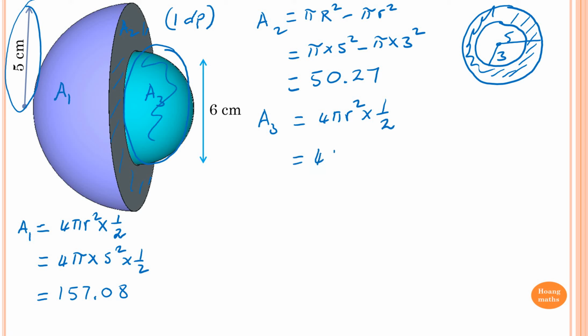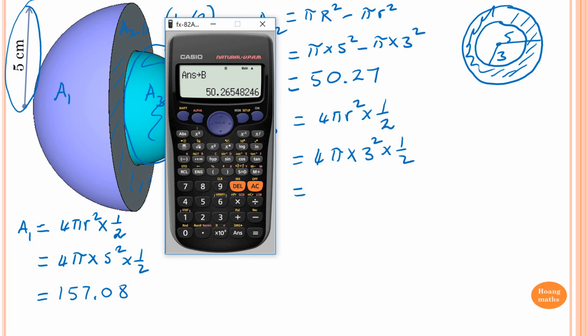So 4 pi times the radius, which is 3, so 3 squared times by half. So now all I need to do is put that in a calculator. So 4 pi times 3 squared is 9, times a half, or divide by 2, or times 0.5. Whichever way you like.